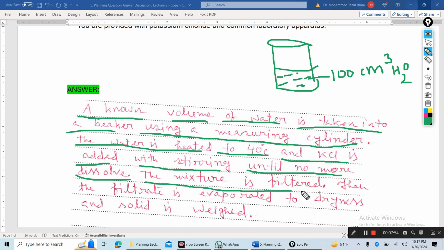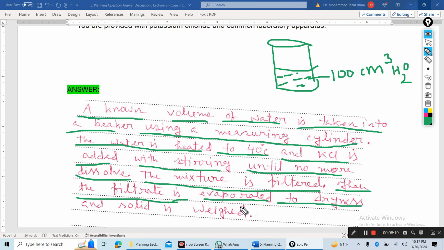Then the mixture is filtered. The filtrate, after filtration, is the clear solution you will get. The filtrate is evaporated to dryness. To dryness means all water will be removed and you will get solid salt at the bottom of the beaker.